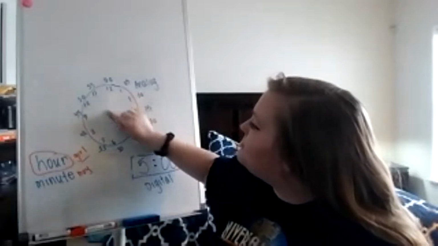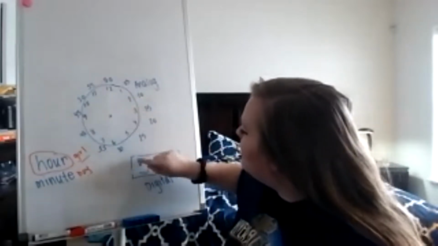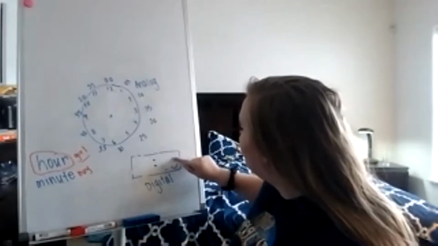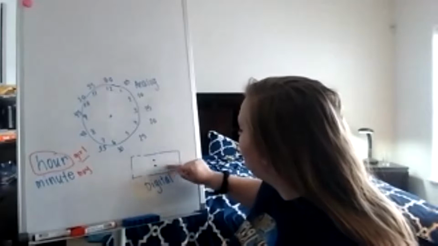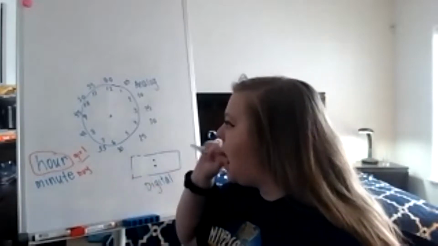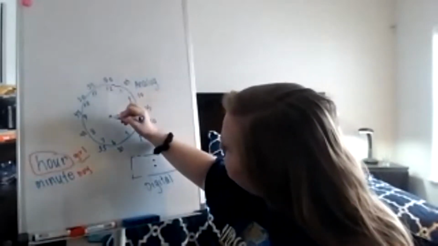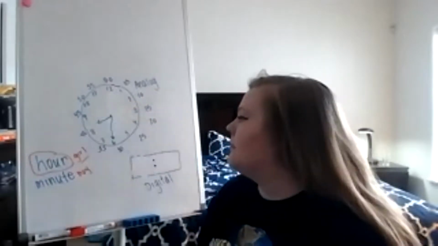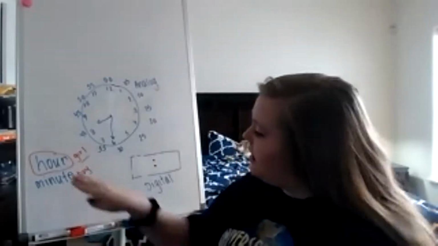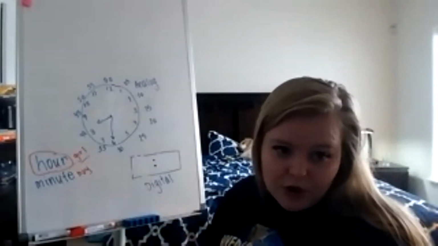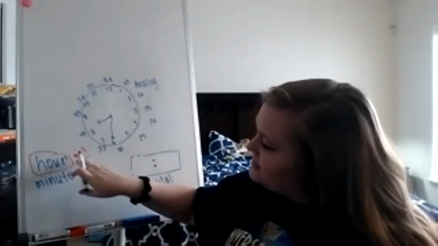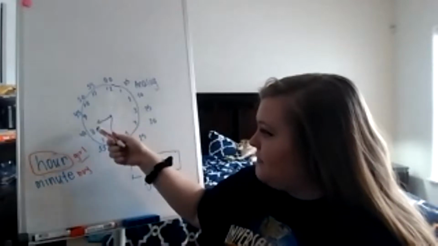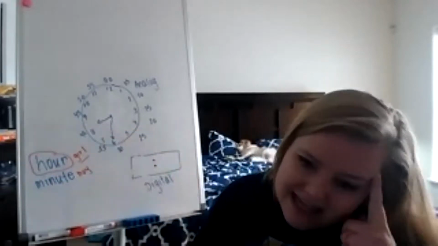Let's try one more. The hour hand is our shorter hand on the clock. It's also our girl hand. We let ladies go first to be polite. So I'm looking here first, but it's stuck between the 8 and the 9.